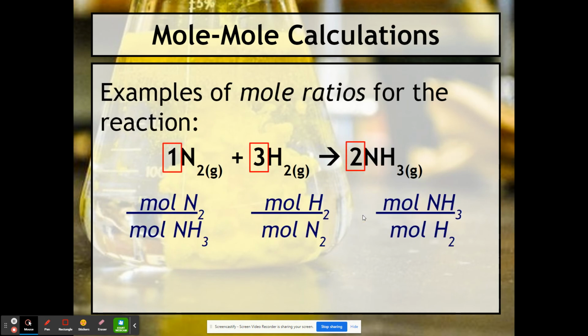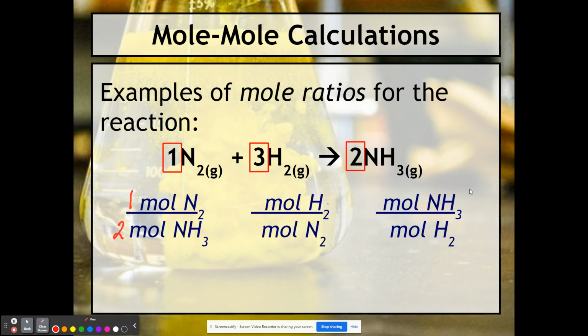So here's an example of mole ratios for this particular reaction. You are just going to write the coefficient in front as the number of moles. So if I look at the relationship between N2 and NH3, I have 1 as my coefficient, or 1 mole of N2 is equal to 2 moles of ammonia.